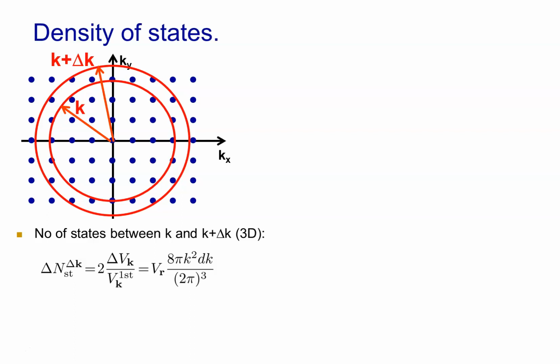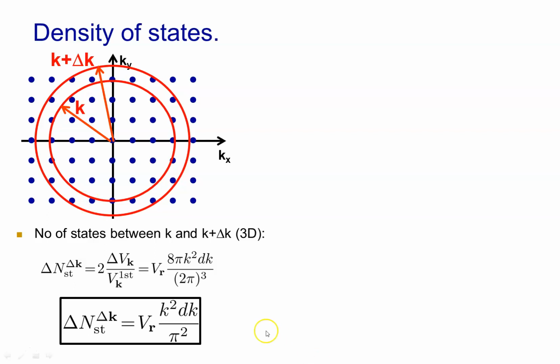Notice the dimensionality plays an important role. There's an 8 here, and the pi squared coming out. This is the number of states between k and k plus delta k, it depends on the volume, of course, and it grows as k squared. So the larger k, the more states will fit into this little shell. It goes with k squared.